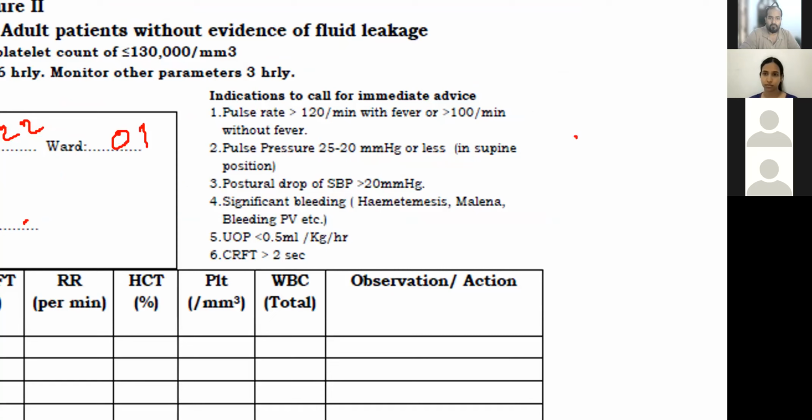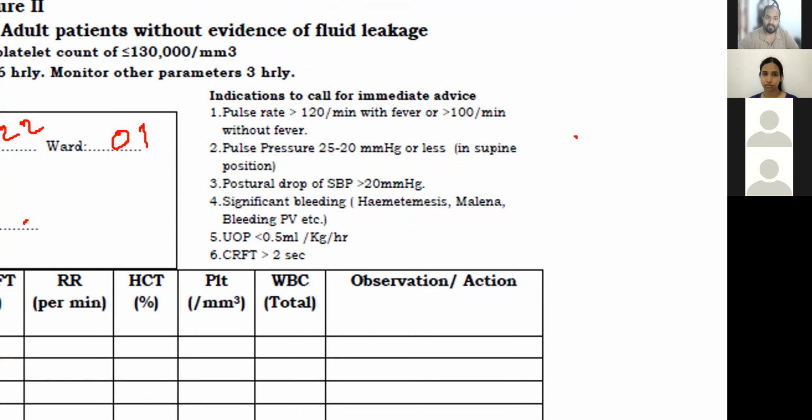Look at this: indications to call for immediate advice. Now, this is mentioned in your guideline. So that means this is a circular, and if these things are not adhered to and something goes wrong, you can be questioned, because these are mentioned in the circular.